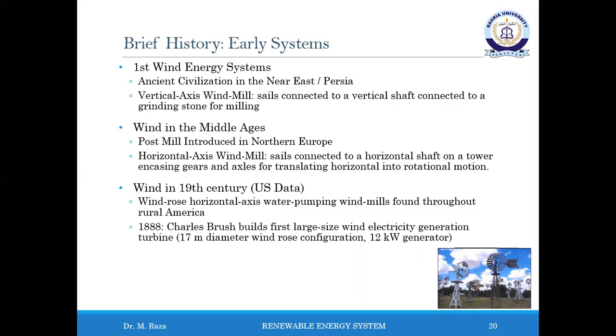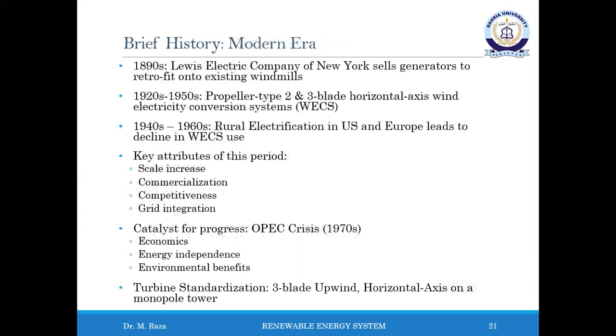Windmills in the US in the 19th century were of the windrose horizontal axis type as shown in the diagram and mainly applied for water pumping throughout rural America. In 1888, Charles Brush built the first large-size wind electricity generation turbine with 17-meter rotor diameter in windrose configuration. The capacity of the generator was 12 kilowatt.